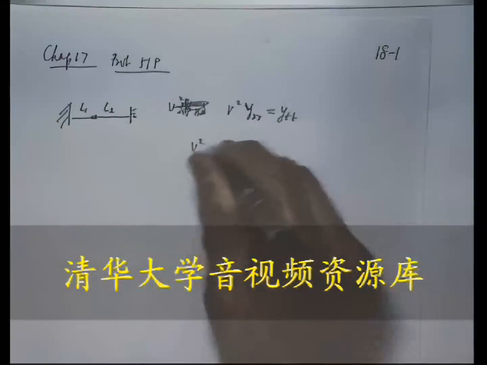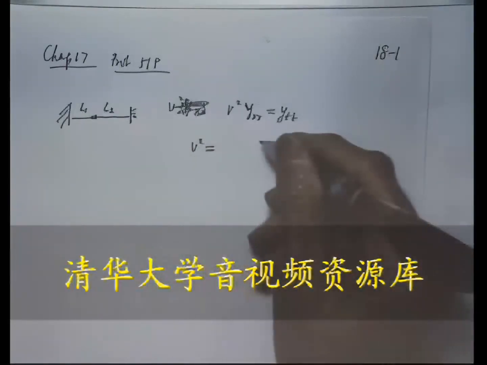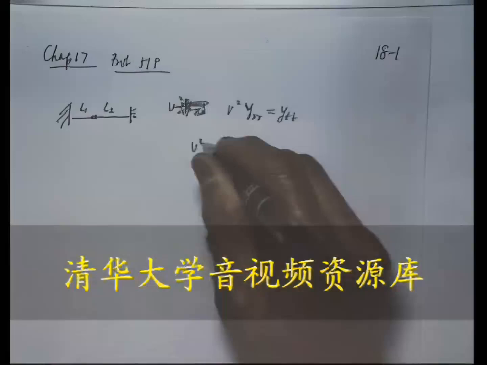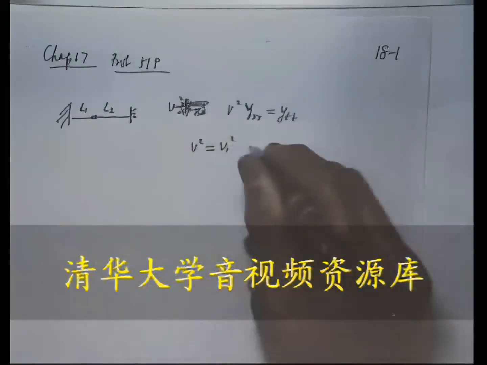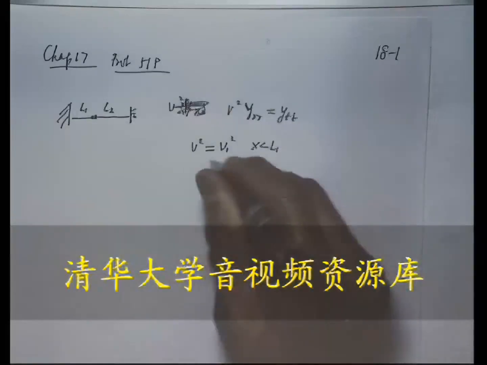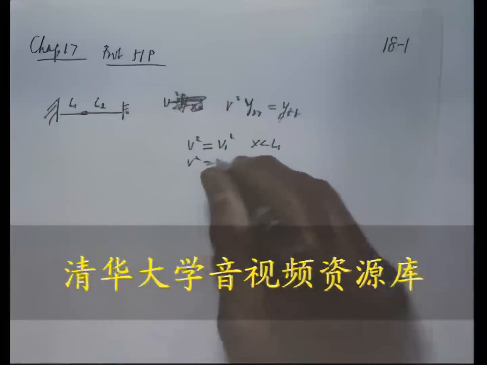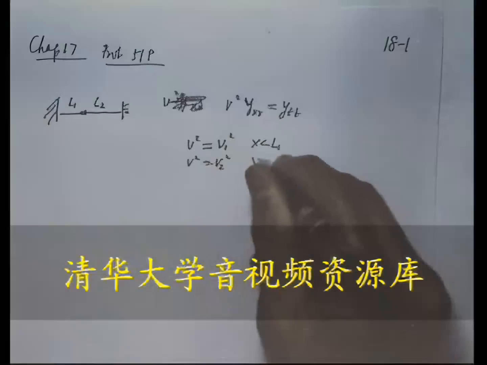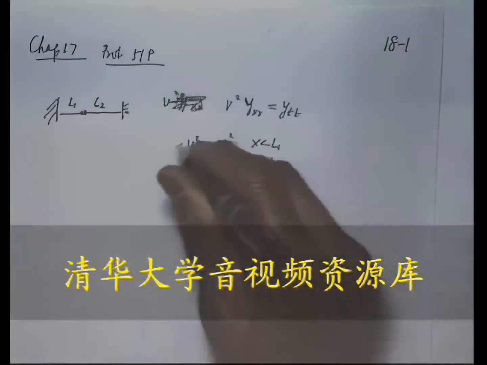But v squared is equal to v1 squared for x less than L1, and v squared is equal to v2 squared for x greater than L1.